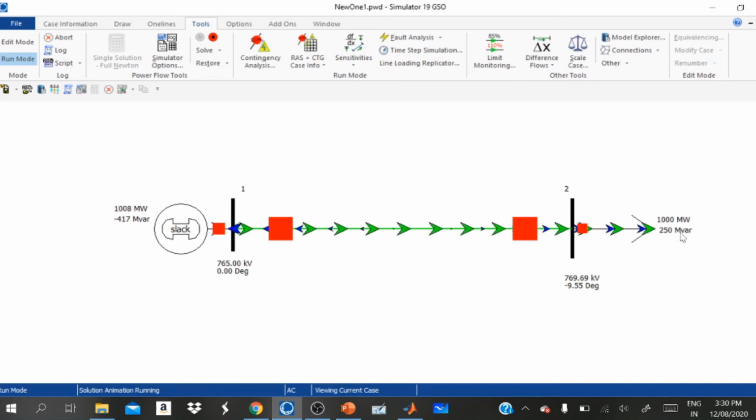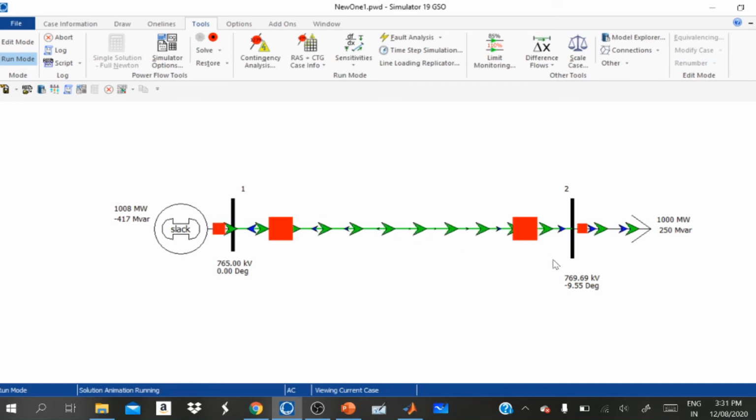To meet the 1000 megawatt through this long transmission line, 8 megawatt of power is wasted in the line, and the load of 250 MVAR is connected here. Here it is minus 417 MVAR. That means the reactive power is supplied to the generator, not from the generator, because of the capacitance effect in the transmission line.